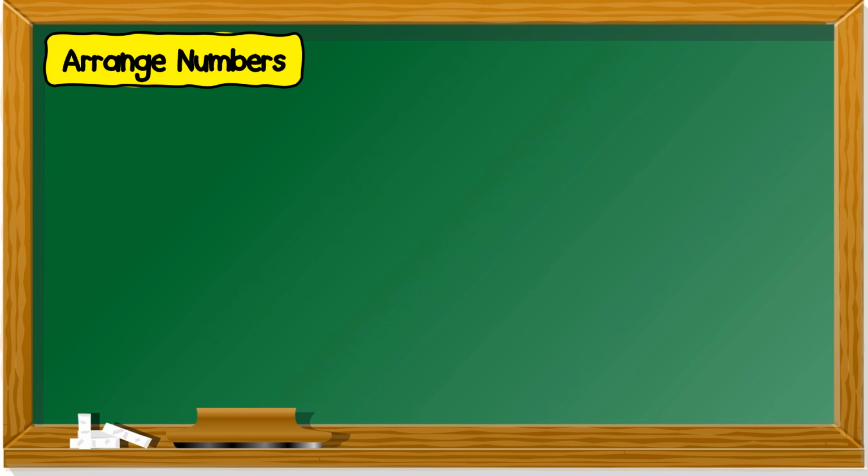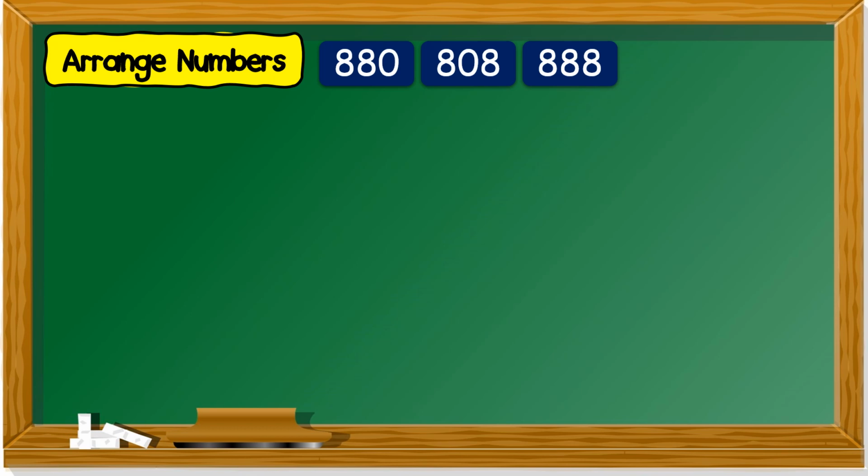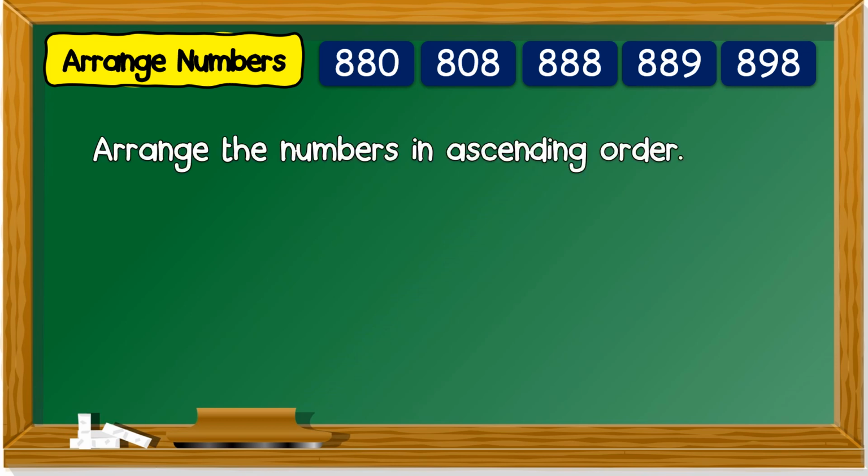Next example, we arrange these numbers: 880, 808, 888, 889, 898. We are going to arrange them in ascending order. Smallest to largest. Dari paling kecil hingga paling besar.